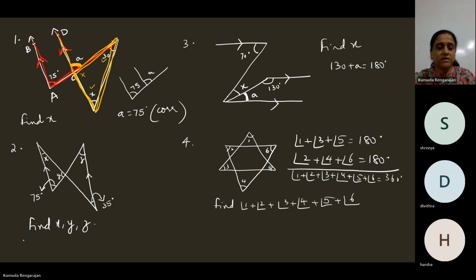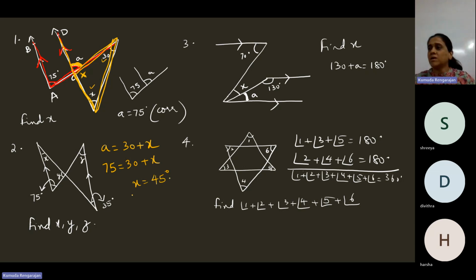A is the exterior angle of the triangle. Leave that. So A is equal to 30 plus X, correct? Exterior angle property. So A is 75. 75 is equal to 30 plus X. So X is equal to 45 degrees.